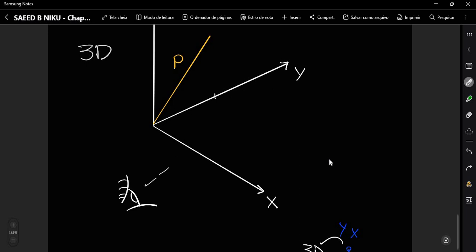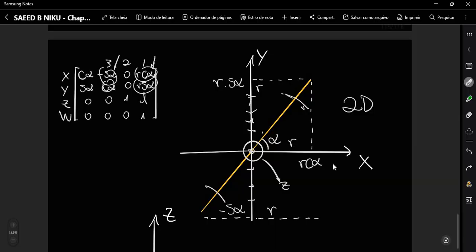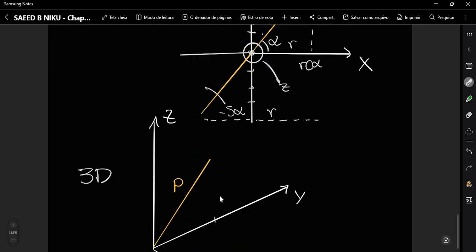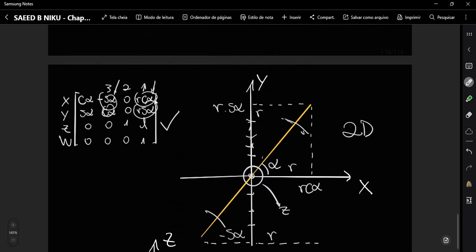Okay. And also take into consideration that the guess that we said the order is 1, 2, 3 is correct. So now let's decompose this vector into its components.